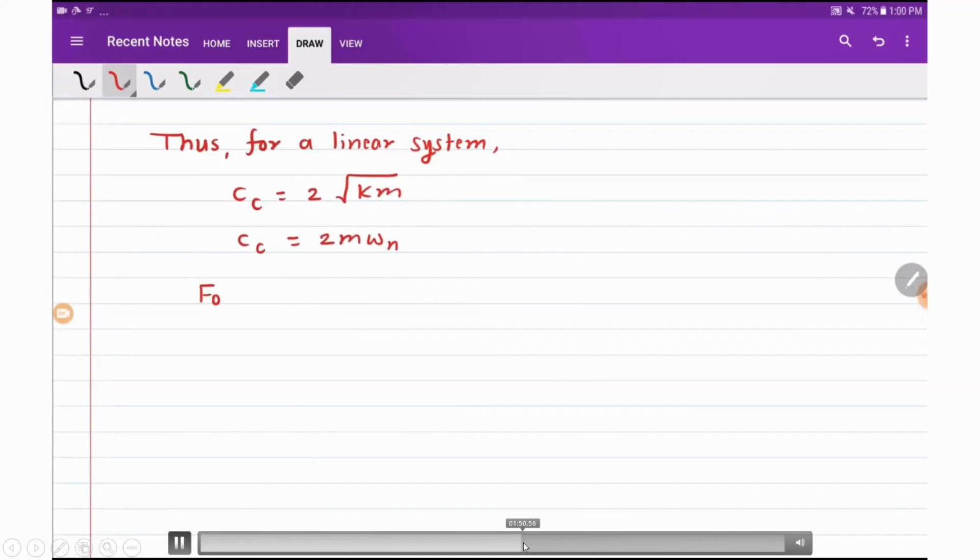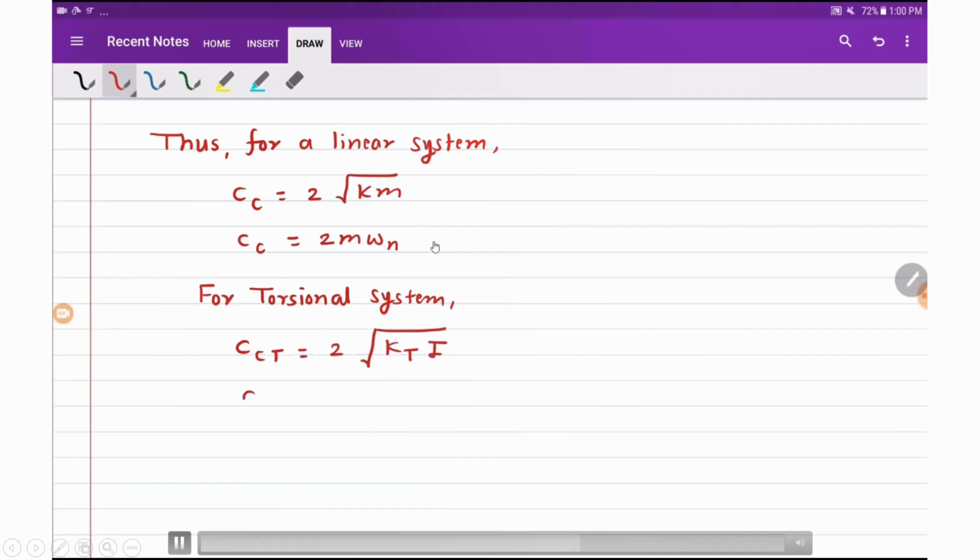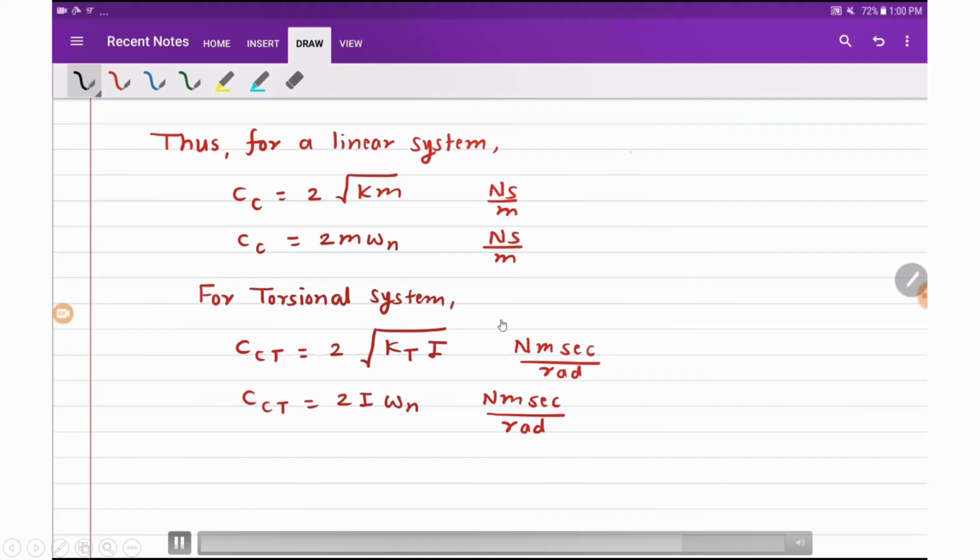Now for a torsional system, 2 as it is, square root of, in place of linear stiffness you substitute torsional stiffness, and in place of mass it is replaced by mass moment of inertia. Here also 2 as it is, in place of m it is I, and omega n as it is. So these are the representations of critical damping coefficient. The units are Newton second per meter for the linear system, and CCT will have the unit of Newton meter second per radian for the torsional system.